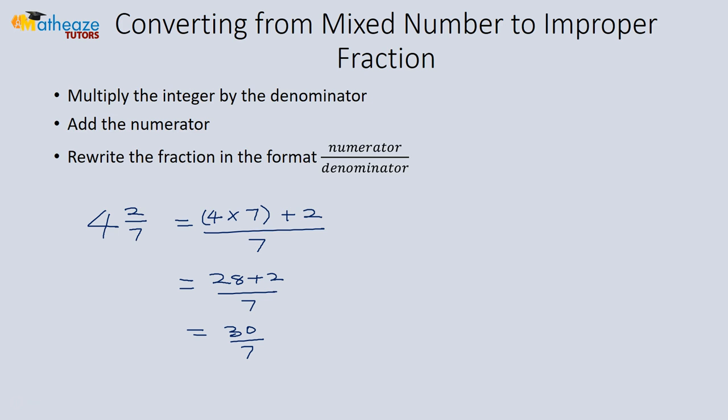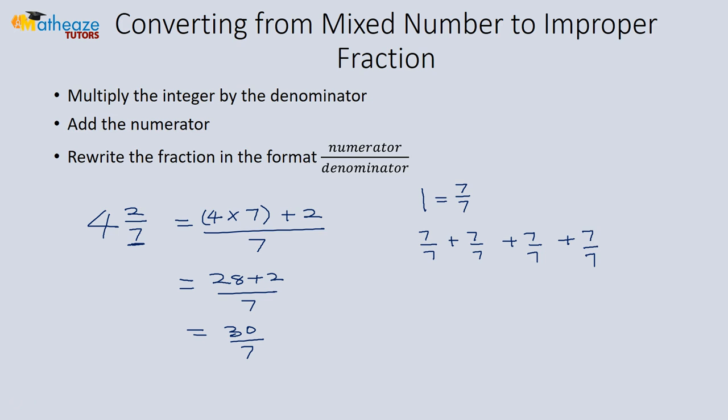Now let me explain the logic behind how this is done. If we were to write 4 as a fraction, let's understand, when we're dealing with fractions, the number 1 can be rewritten in so many formats. Because our denominator here is 7, the number 1 will be written as 7 over 7. So 4 is going to be 7 over 7 plus 7 over 7 plus 7 over 7 plus 7 over 7.